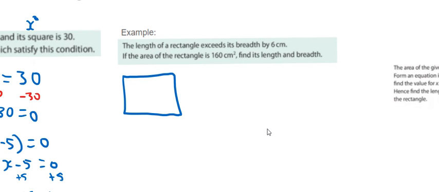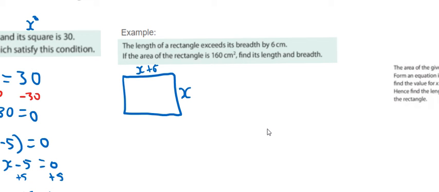So the length of the rectangle exceeds its breadth by 6. So whatever the length is must be 6 more than the breadth. So I'm going to let the breadth be x, and then if the breadth is x, the length has to be 6 more than that, so x plus 6 centimeters.